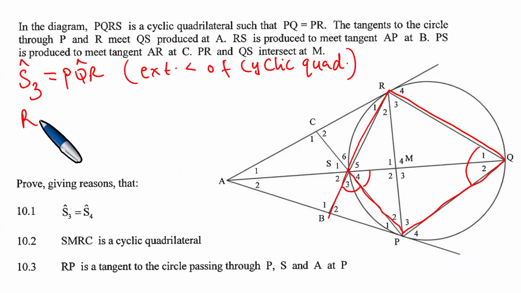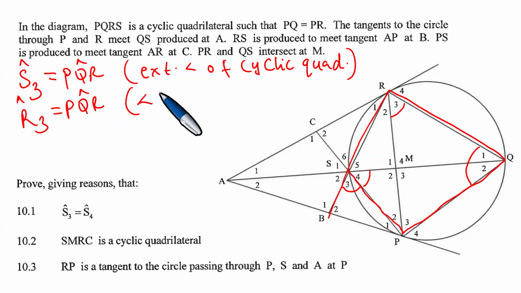Moreover, we have angle R3. The angle R3 here is also equal to the angle PQR. And why is this the case? It is the case because of angles opposite equal sides.